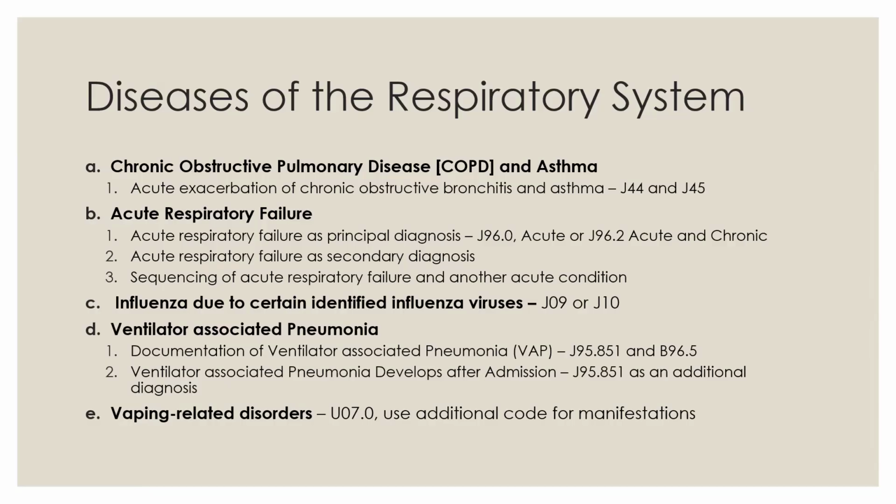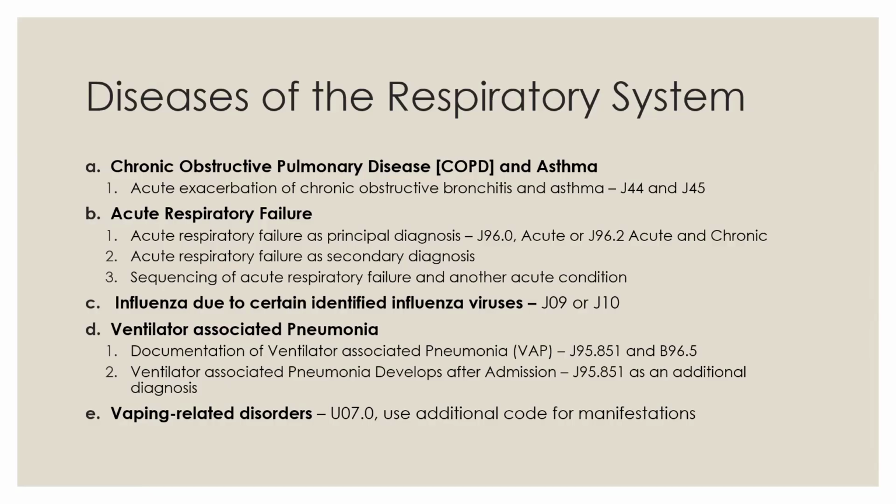This is an exception to the hospital inpatient guideline section 2H for uncertain diagnosis. In this context, confirmation does not require documentation of positive laboratory testing specific for avian or novel influenza A or other identified influenza virus.